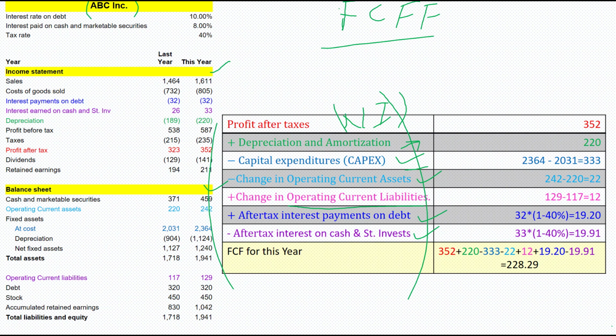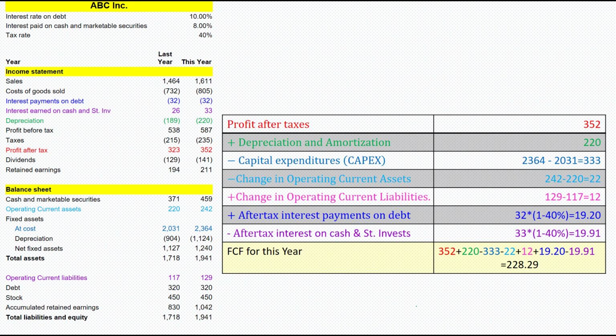With this said, let's compute free cash flow for ABC Inc. for this year. You always start with your net income. Please notice, to make this calculation easy, I have made the color of the text the same in the table and in the income statement and balance sheet.